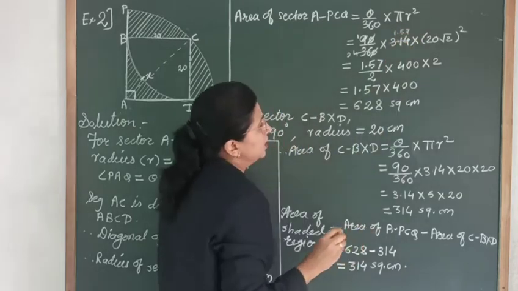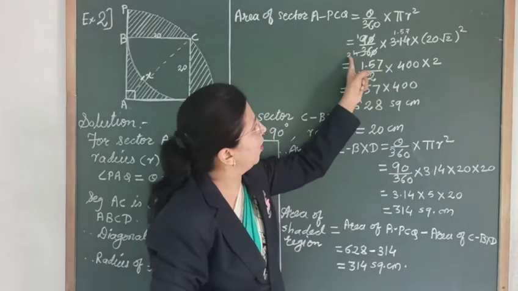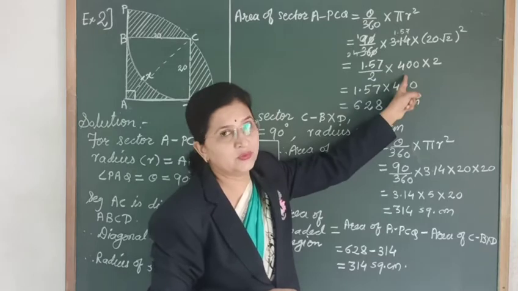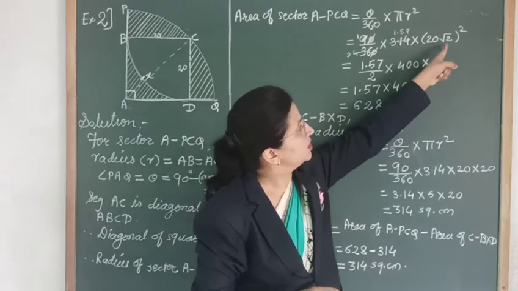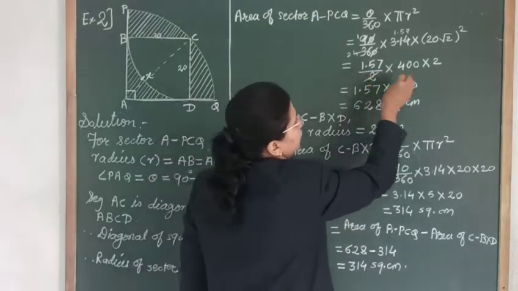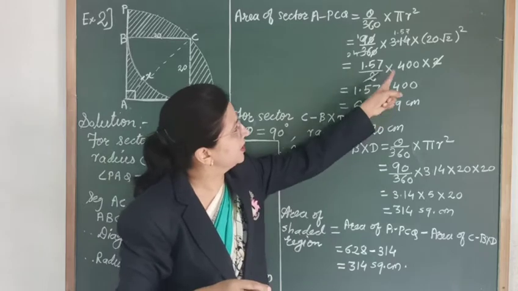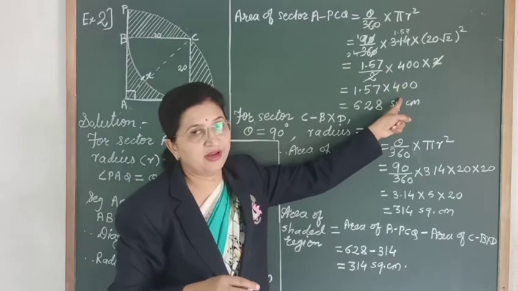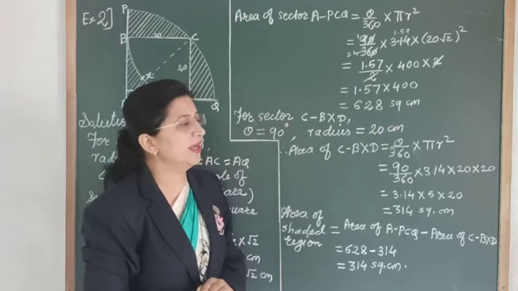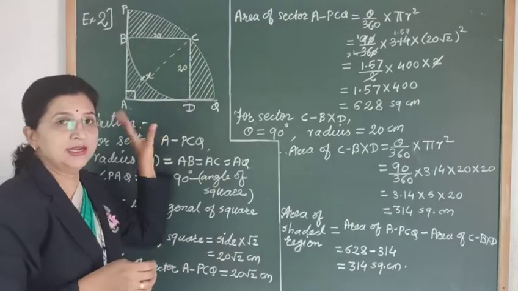So we will get 1.57 upon 2 into the square of 20, that is 400, into the square of root 2, that is 2. Then this 2 will get cancelled, and we will get 1.57 into 400. If we take the product of these two numbers, we get 628 square centimeter. So in this way we got the area of this larger sector.